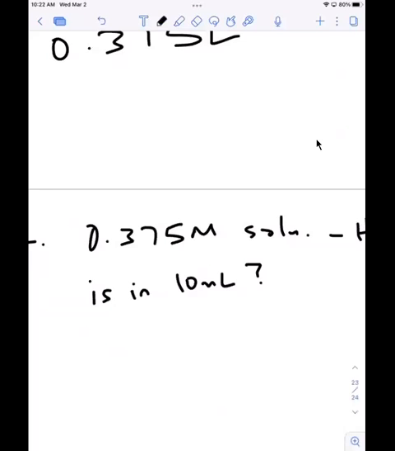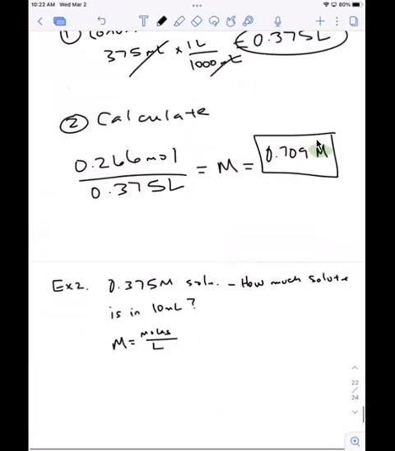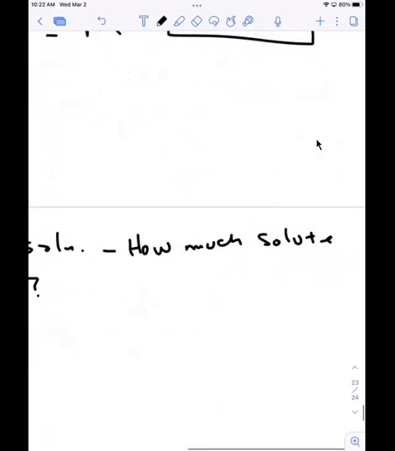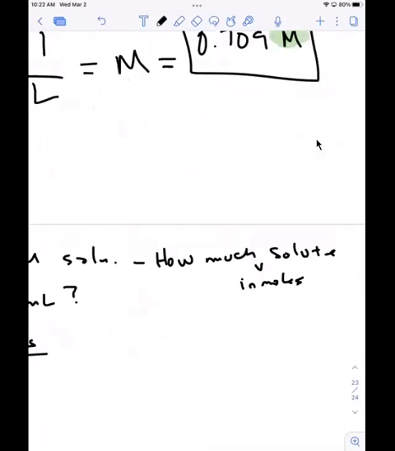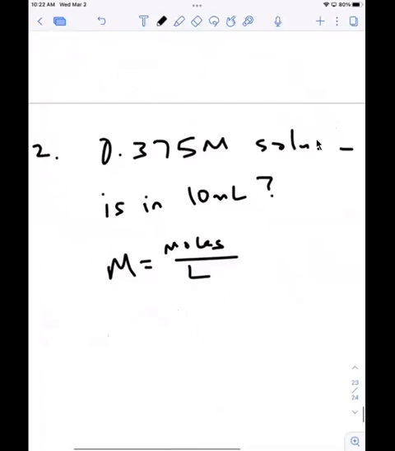So remember, if M is moles per liter, how do we find the moles of solute? How do we manipulate that to find moles? Multiply both sides by the volume. Yep. So it'd be molarity times liters equals moles.